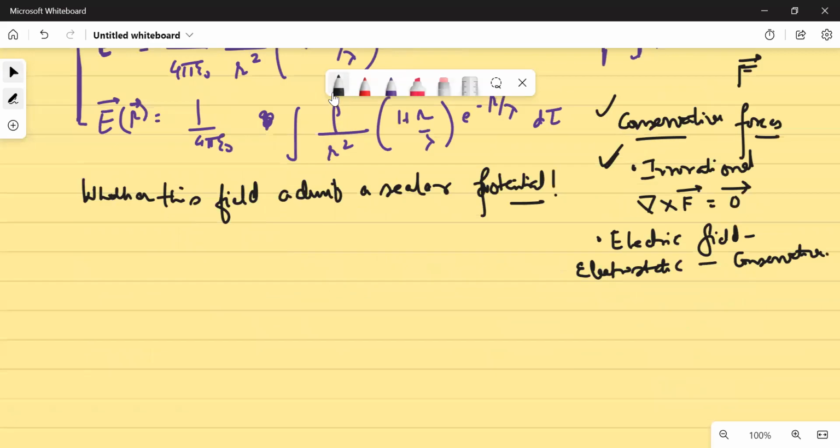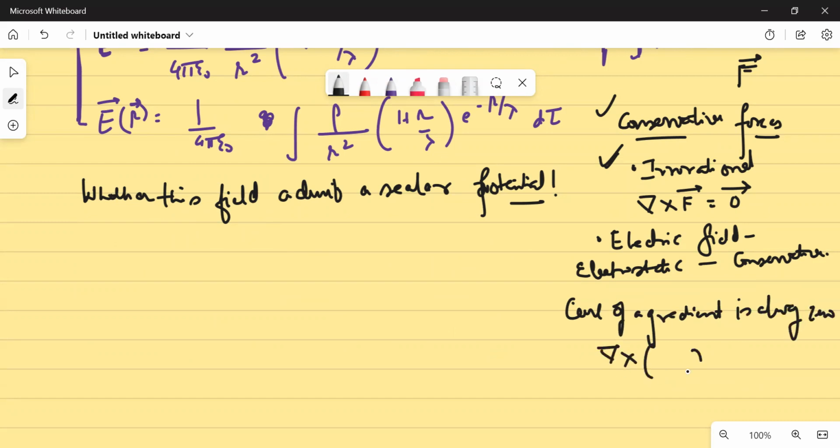There is a theorem in vector calculus which says the curl of a gradient is always zero. So what does it suggest? It suggests that my F vector can be written as the gradient of some function, and that particular scalar function is called the scalar potential function.